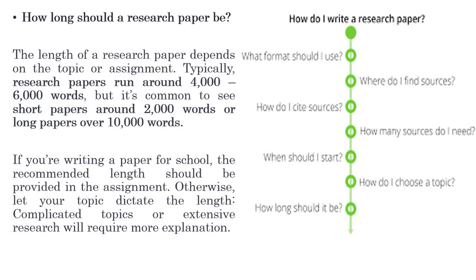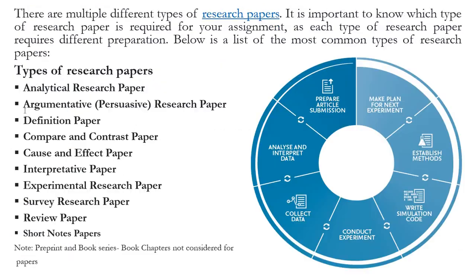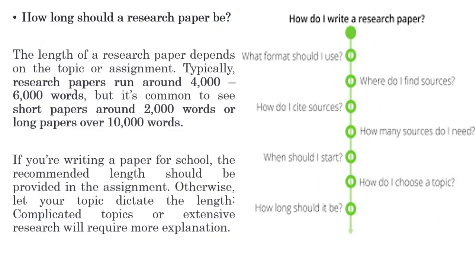Generally, we know that different papers are there: the academic paper, position paper, term paper, and thesis or dissertation. Based on our research work, a research paper contains different sections. If the size of the paper, by word count, is nearly 4,000 to 6,000 words, it is generally called a normal paper.